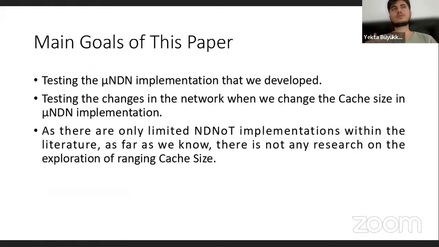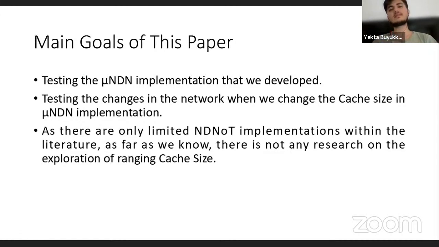So these were kind of the introduction to our paper. The main goals of this paper are testing the micro-NDN implementation that we developed, which I talked about, and testing the changes in the network when we changed the cache size in our micro-NDN implementation.